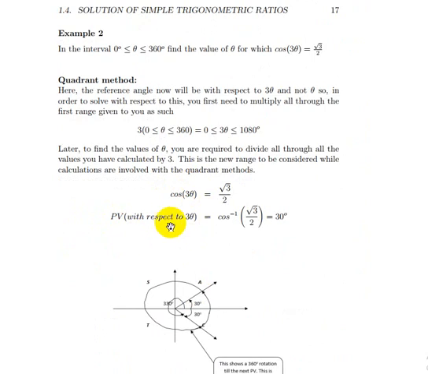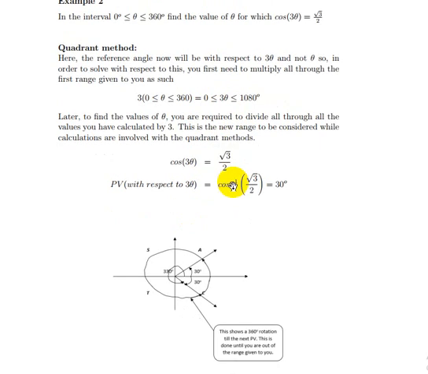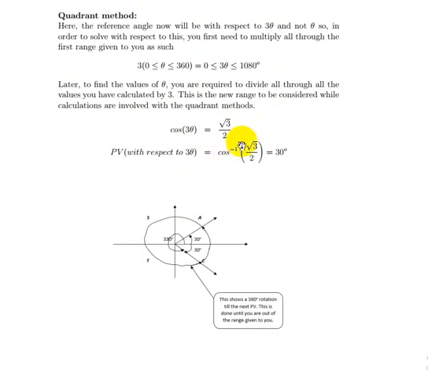When you want to calculate the values, you need to know that the values you have calculated are with respect to 3 theta here, so we are going to use this range also with respect to 3 theta. So we have cos inverse of root 3 all over 2, which is the PV with respect to 3 theta, and that is 30 degrees.